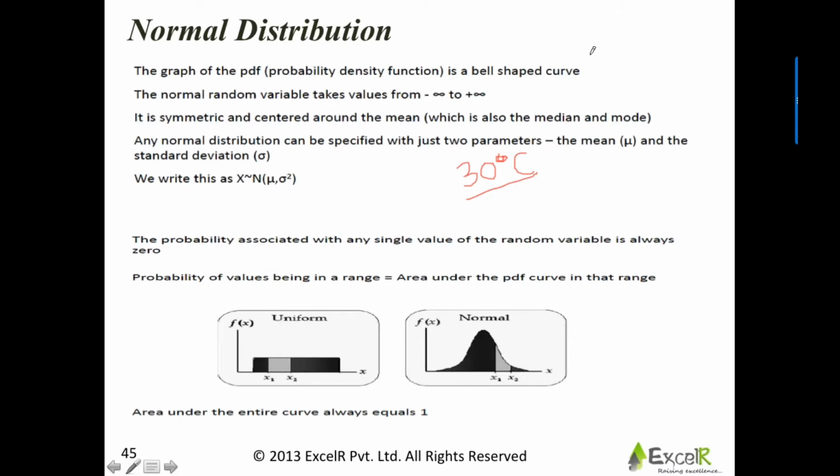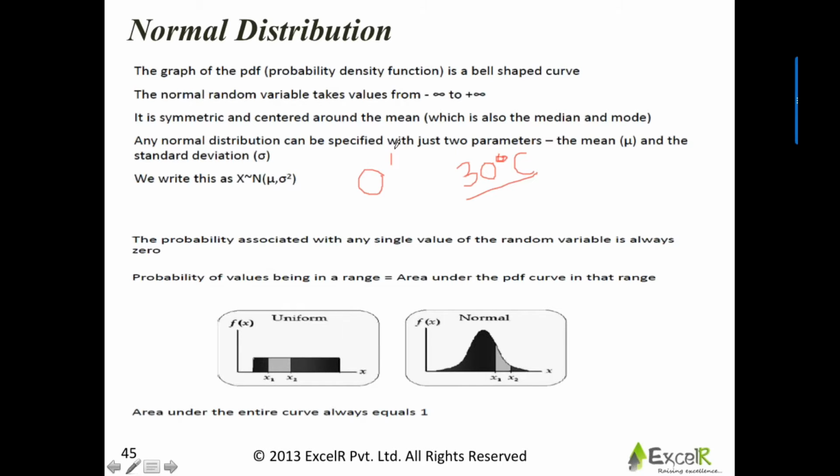What is the probability associated with this number? 0.5, Smithies? Binary, is what Pankaj says. No, it's 0. The probability associated with any number is 0.